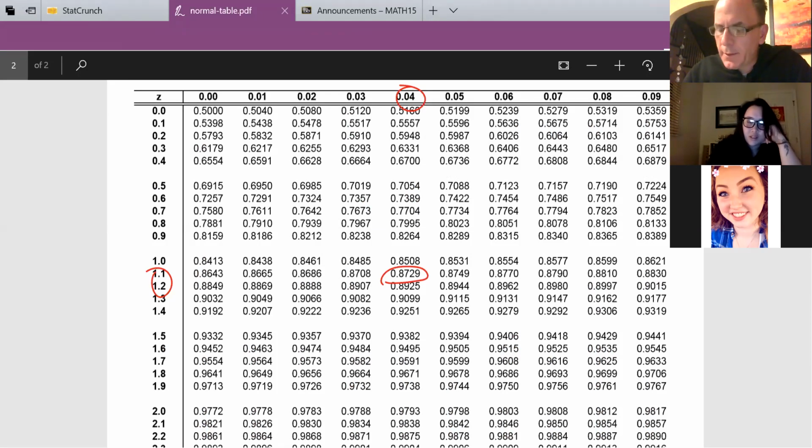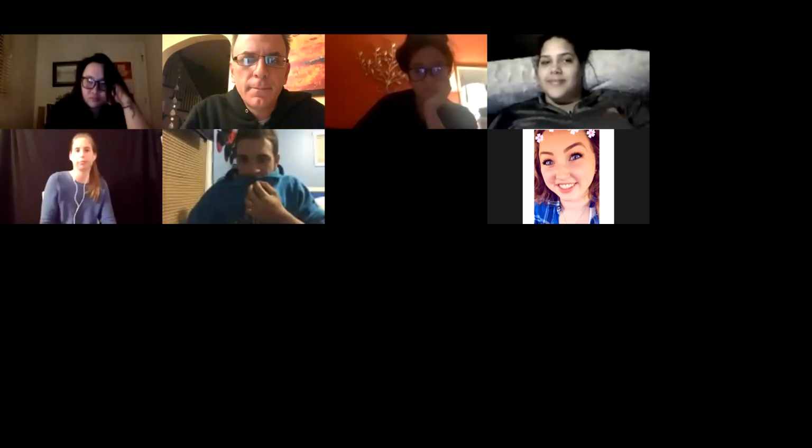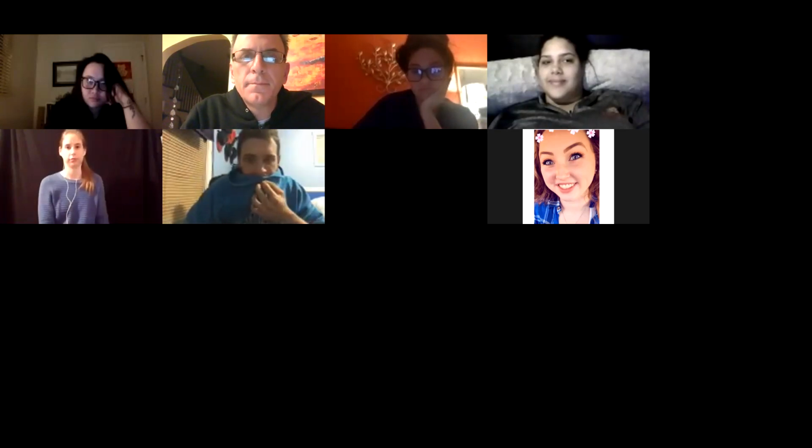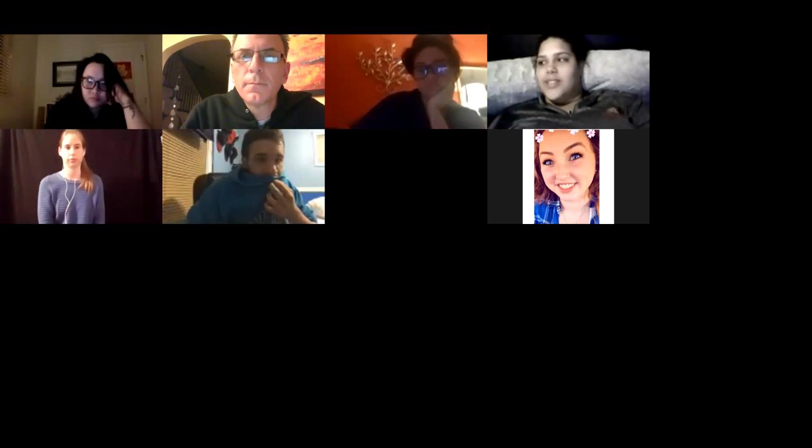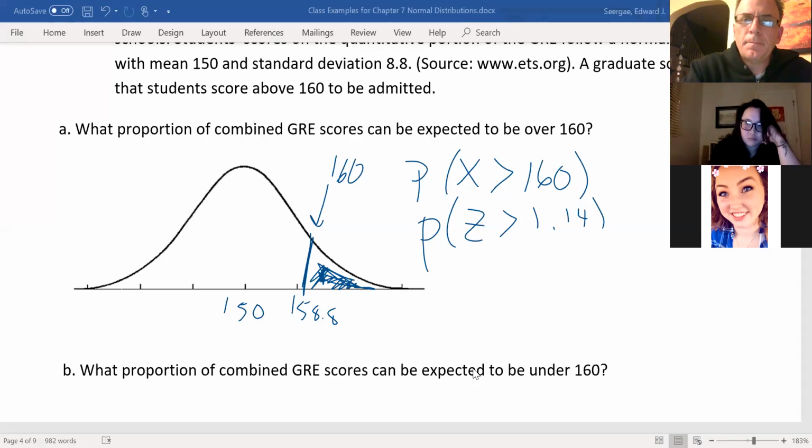So everybody remember 0.8729. Now, 0.8729 is the area to the left of the curve because your table only finds area to the left. If we want to find area to the right, we have to subtract that value from 1. So let me go back to my paper for a second. And we're simply going to subtract that from 1.